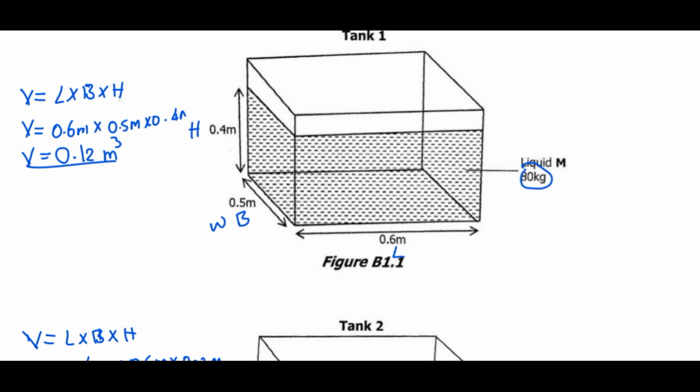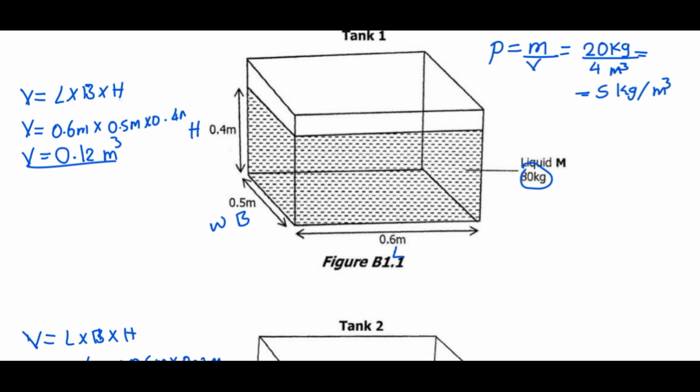Why? Let's just say density. We know that density is equal to mass over volume. If let's say we have a mass of 20 kg, and the volume, let's say we have 4 cubic meters. We know that if we divide 20 by 4 it will give us 5 kg per cubic meter.